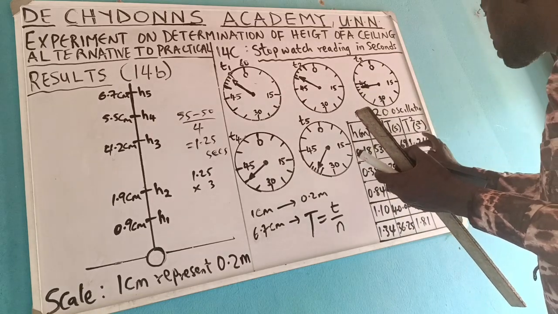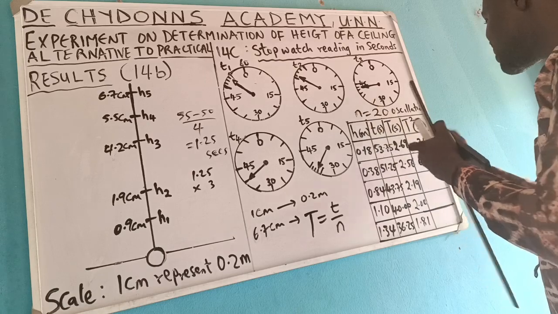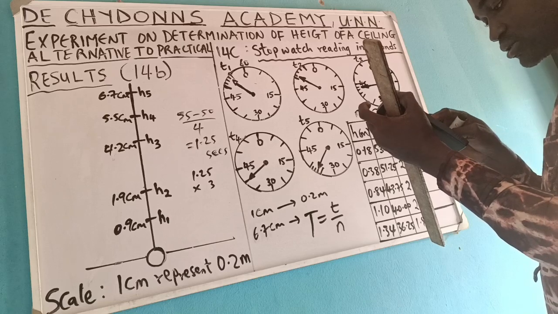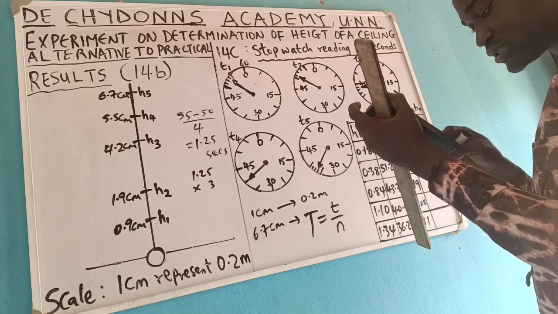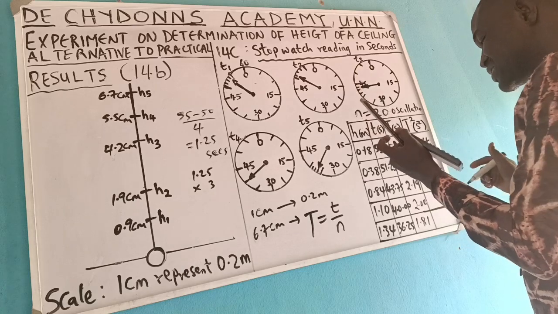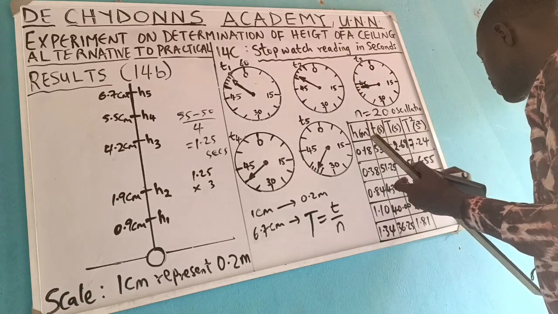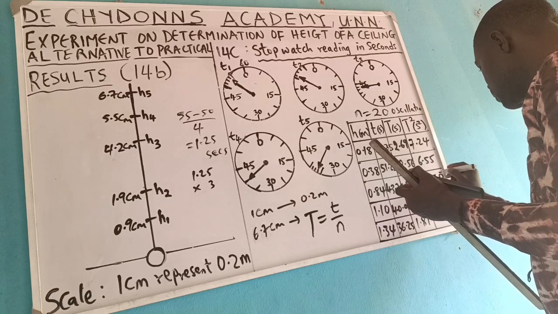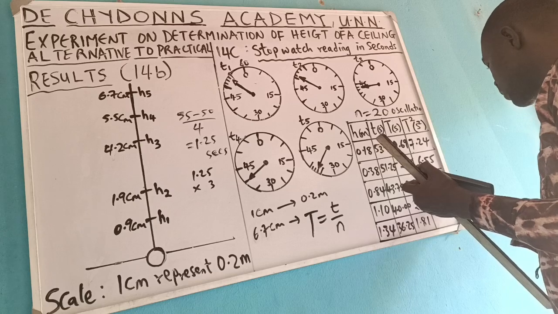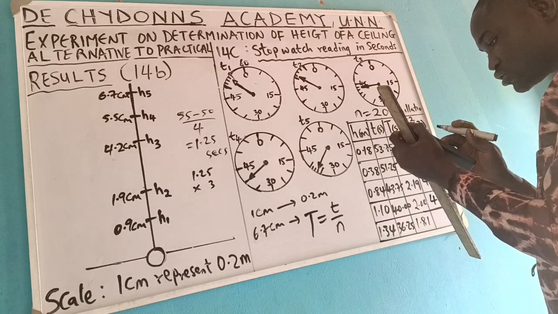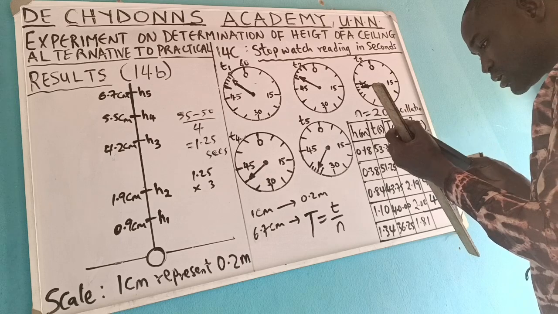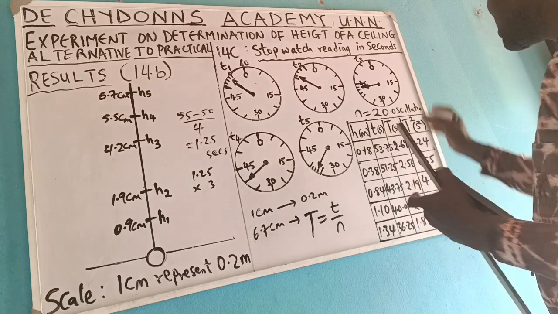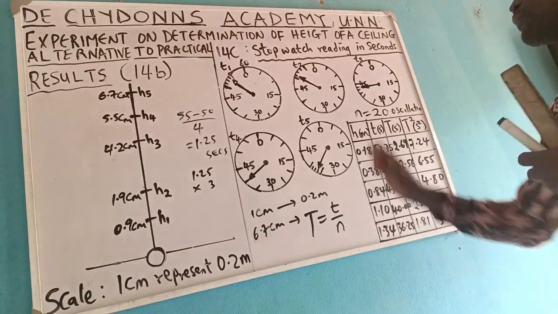Then we now say again 2.19 squared, that is 4.80. And 2.00 squared is 4.00. 1.81 squared is 3.28. So that is how to make your table of values for this.